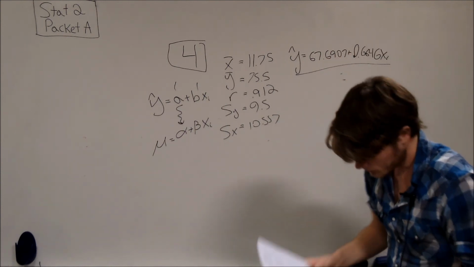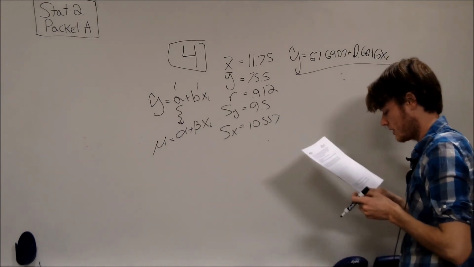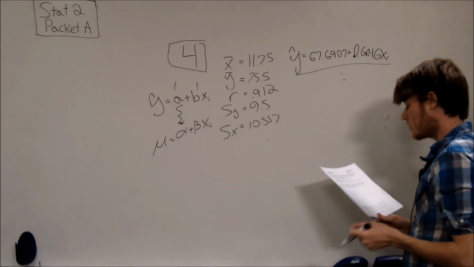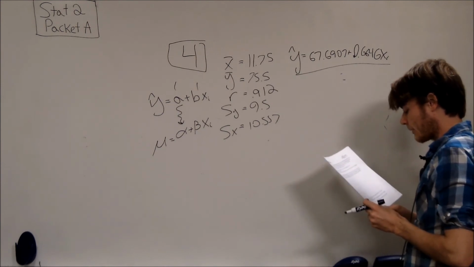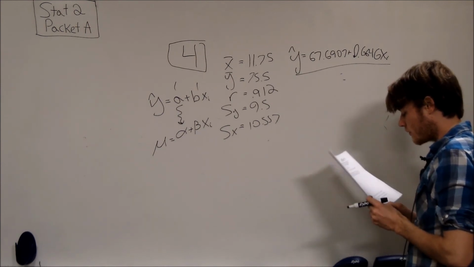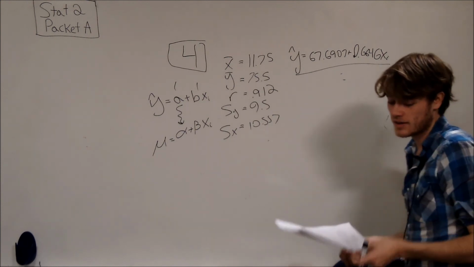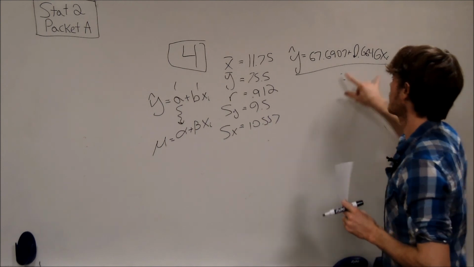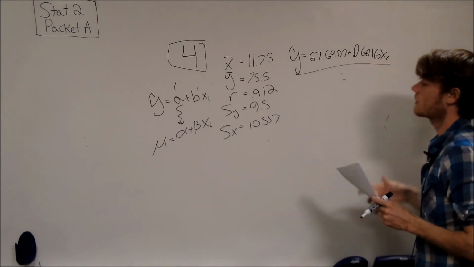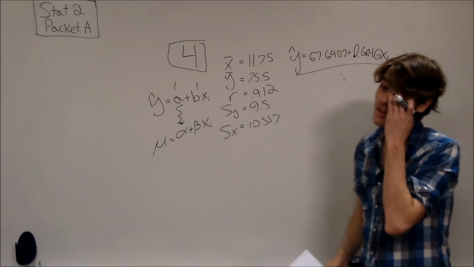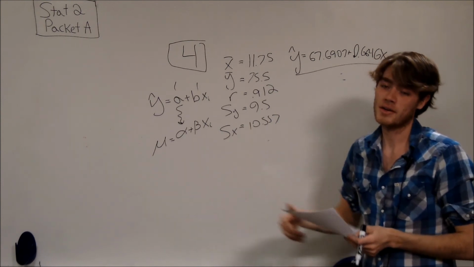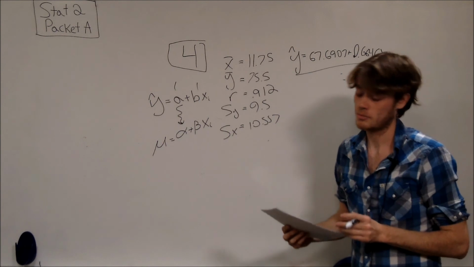Okay, so it tells you to find the regression equation. Okay, and now what we're going to do is to run basically an ANOVA test to see if it's likely whether or not this slope is 0. Okay, so not all of you that are watching this may have done this before, and you might not be in your class, you might not have done this, but you'll do it eventually, I promise.